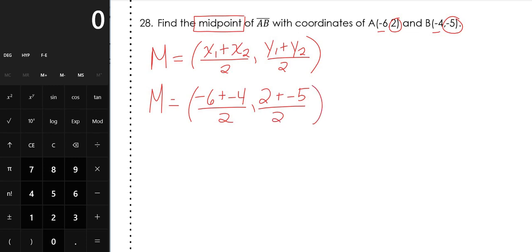Now notice I didn't even take the time to label x1, y1, x2, y2, because when you're adding, it doesn't matter. So let's simplify. -6 plus a -4 means I'm doing -6 minus 4, which is -10, divided by 2. 2 plus a -5, I'm subtracting 5 from 2, which means I'm at -3 divided by 2.